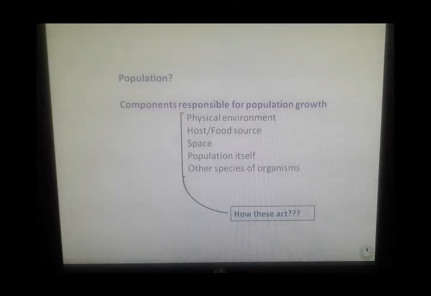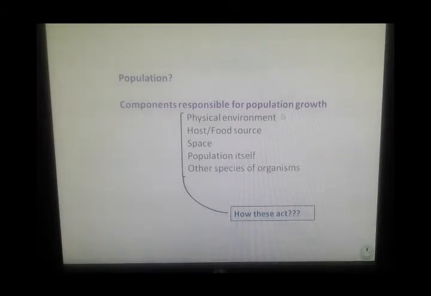Now, the components which are responsible for the population growth. So, in essence, the population growth of any organism depends on the action of the components which are being shown here.